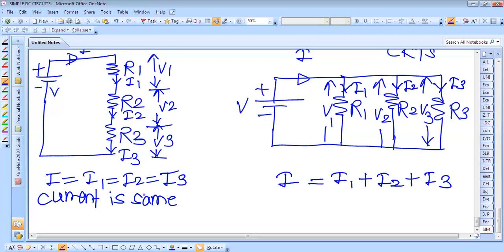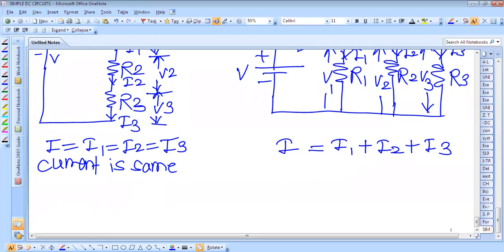Now about the voltage. Voltage is different here. So the total voltage of this circuit is equal to the addition of these three voltages, V1 plus V2 plus V3. Whereas the total voltage across the parallel circuit is the same as the voltage across each branch.